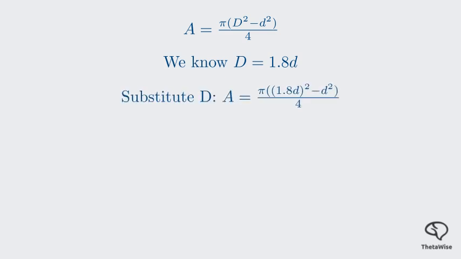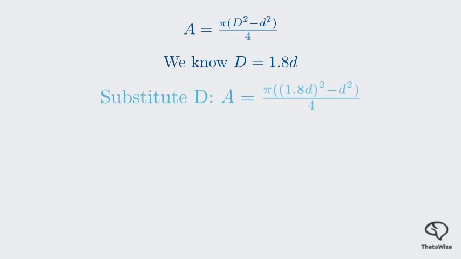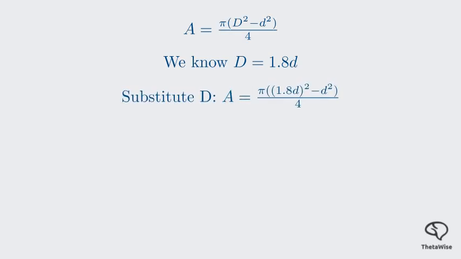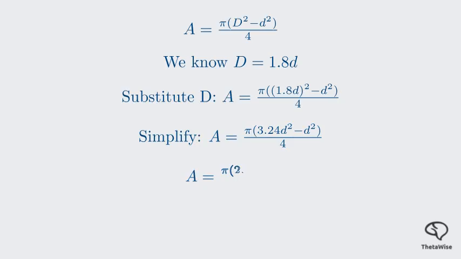Substituting 1.8d for D, our area equation becomes A equals pi over 4 times the quantity 1.8d squared minus d squared. Let's simplify the term inside the parentheses. 1.8 squared is 3.24, so we have pi over 4 times 3.24 d squared minus d squared. Now we can combine the terms with d squared. 3.24 d squared minus d squared is 2.24 d squared.